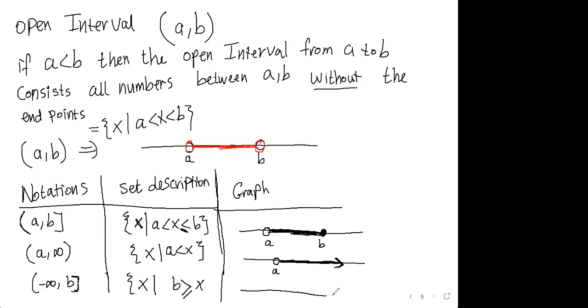I draw the line. Here is my B, and it's closed. Why? Because it's a closed interval. So closed, and all the elements are less than B, or equal.